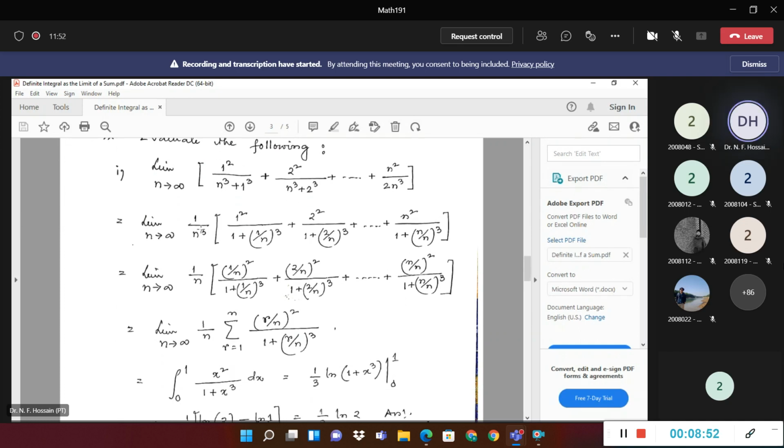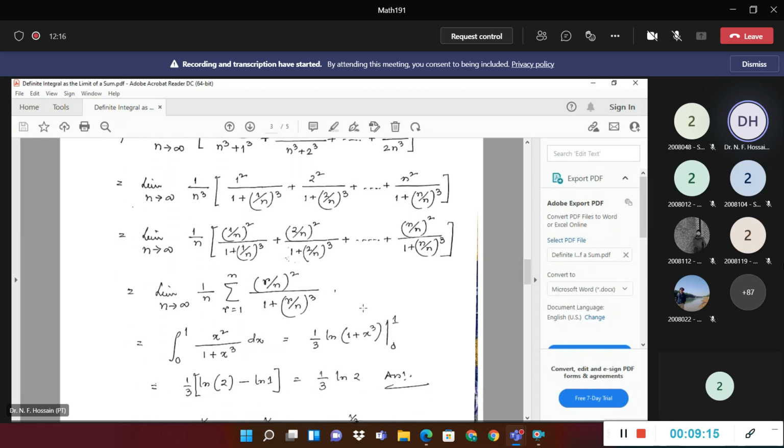Now here, if we write 1 over n, that means you are multiplying each term by 1 by n square. So the first term will be 1 by n whole square by this. Second term will be 2 by n whole square by 1 plus 2 by n whole cube. In the last term, it should be n by n whole square divided by 1 plus n by n whole cube. Now let us put it in summation sign.